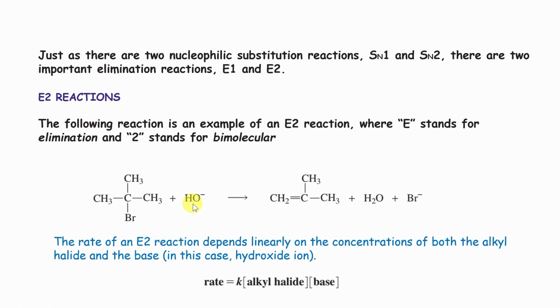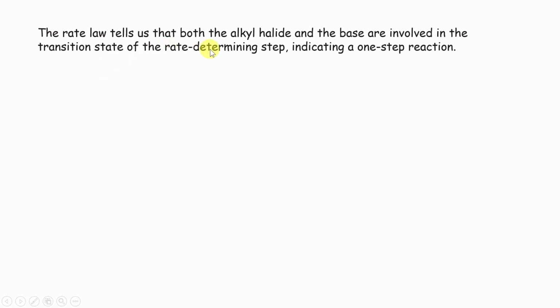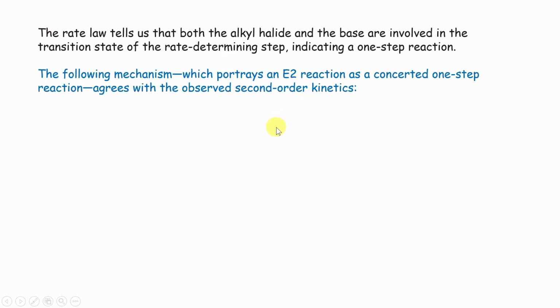The rate can be represented as rate equals k times the concentration of alkyl halide times the concentration of the base. The rate law tells us that both the alkyl halide and the base are involved in the transition state of the rate determining step, indicating it is a one-step concerted reaction.